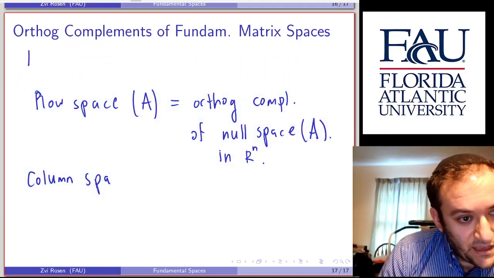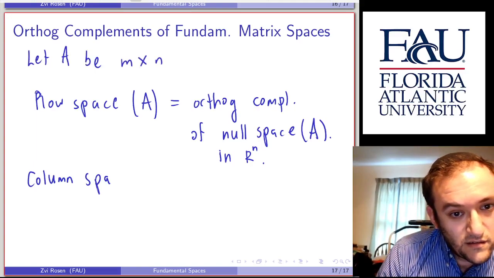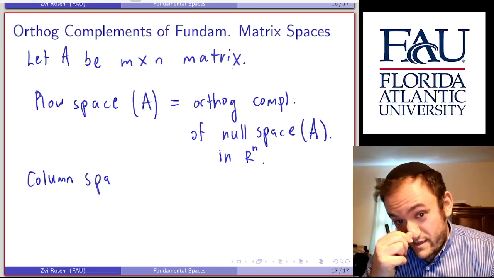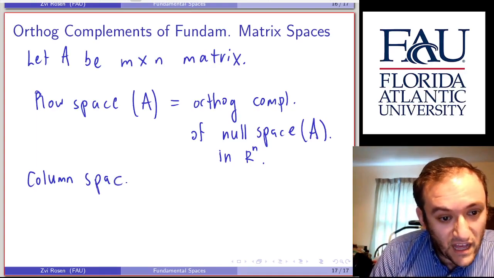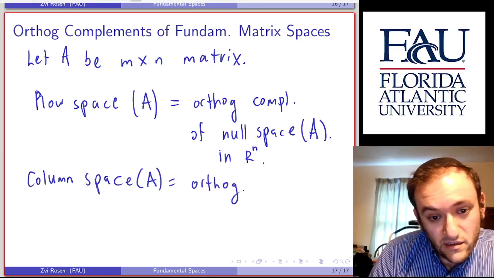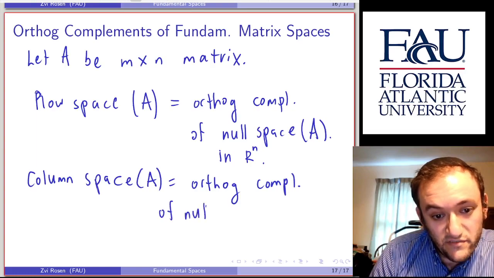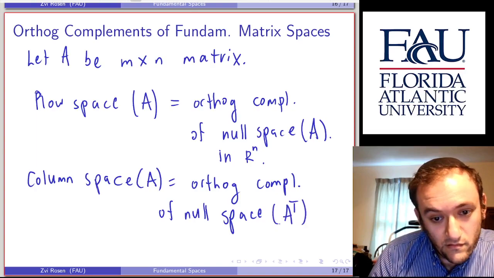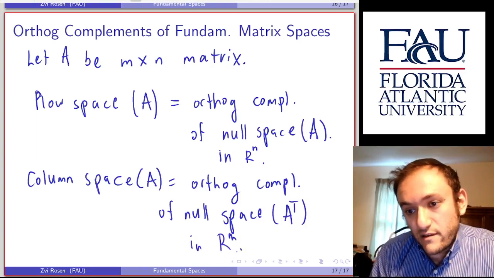Let A be an m by n matrix. Then the row space and the null space are orthogonal complements in Rn, whereas the column space of A is the orthogonal complement of the null space of A transpose, and that's in Rm, which is the output space of A as a function.